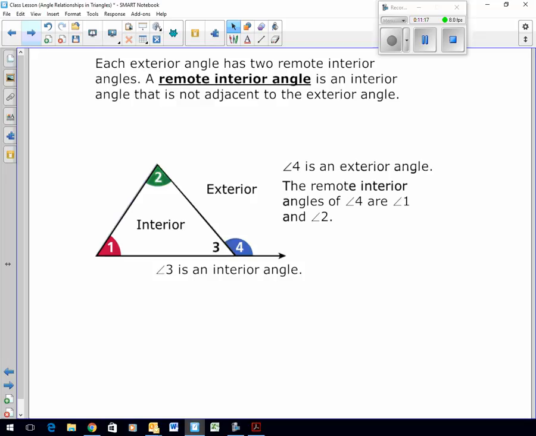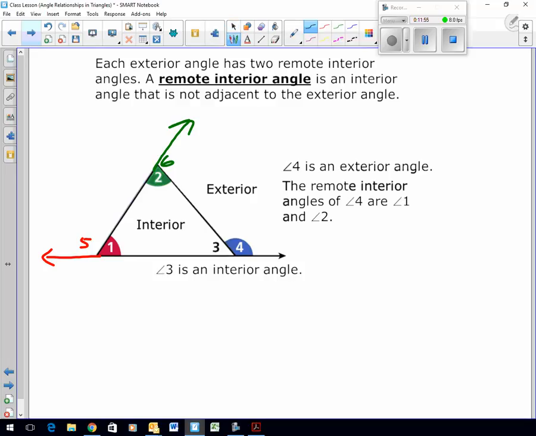Each exterior angle has two remote interior angles. A remote interior angle is an interior angle that is not adjacent to the exterior angle. In five minutes this will all make perfect sense. We're going to add a little more to this drawing. First, an auxiliary line with angle 5 out here. Then an auxiliary line with angle 6 up here.